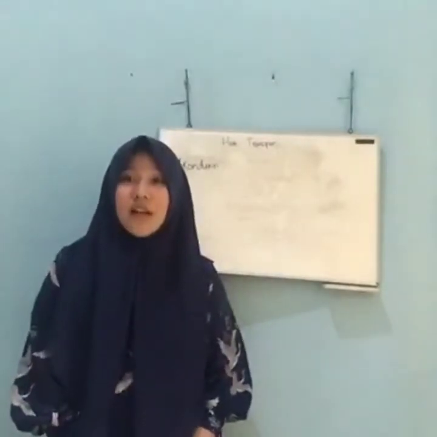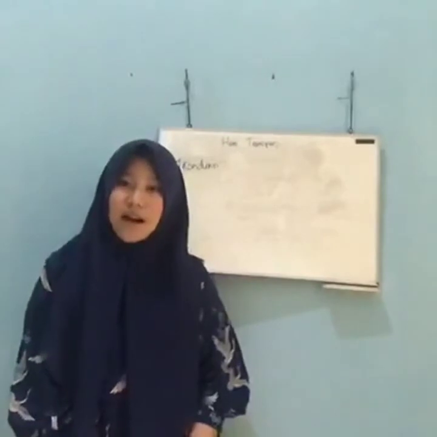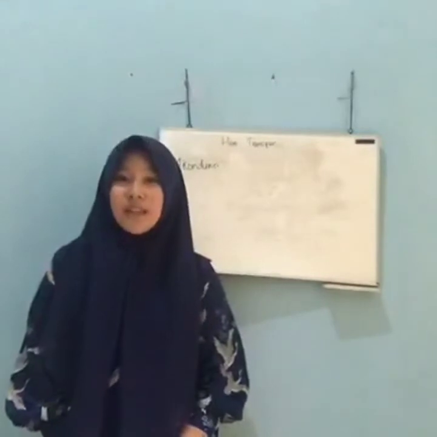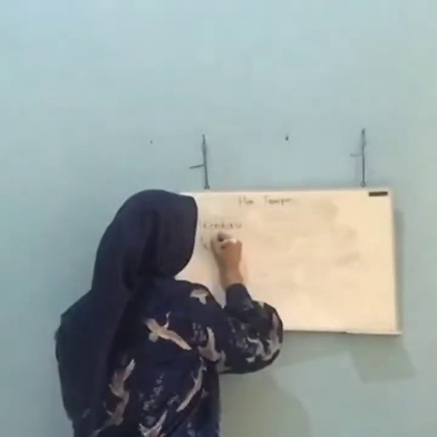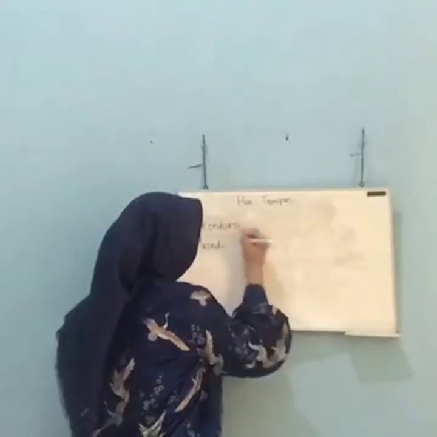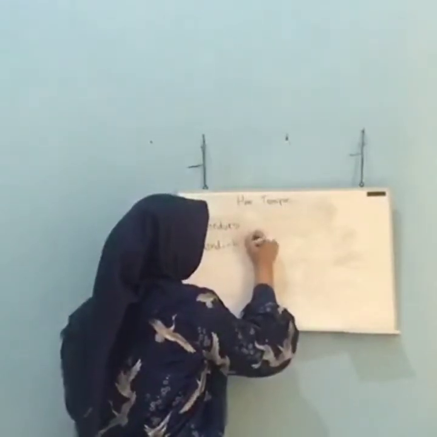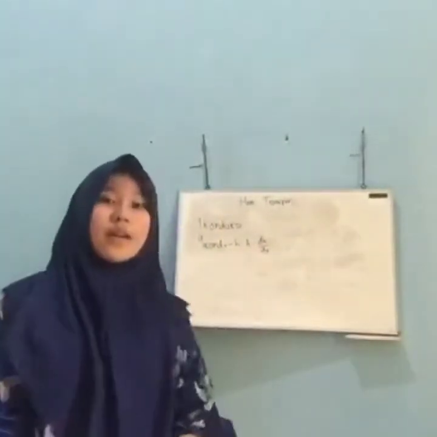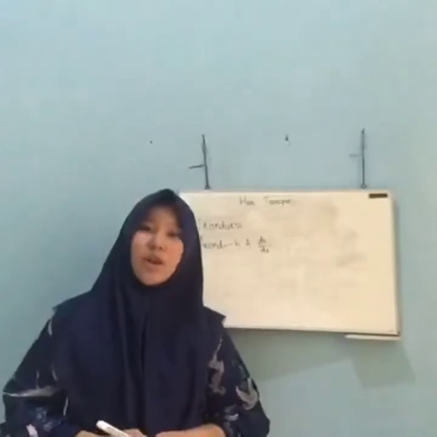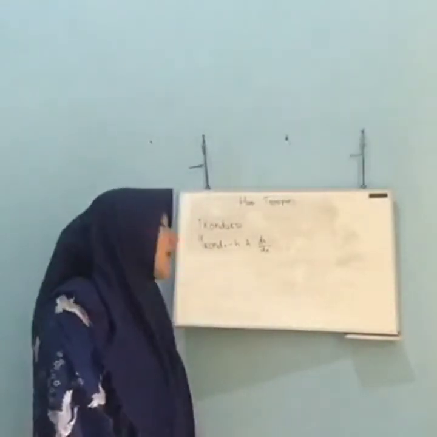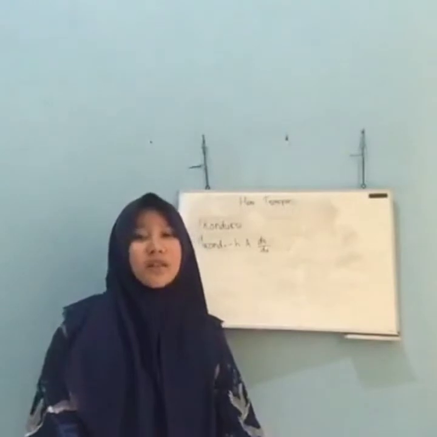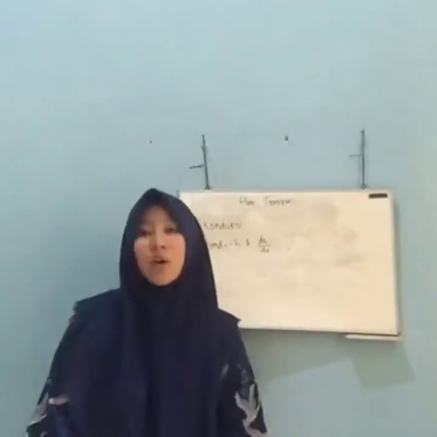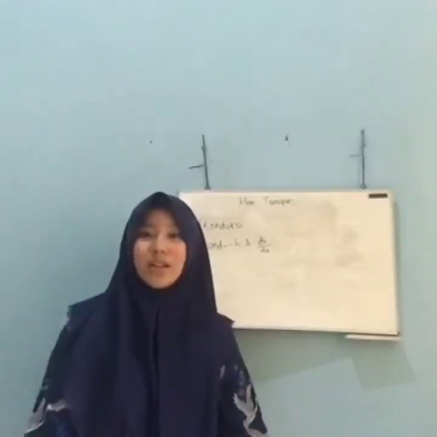The conduction rate equation is known as Fourier's law of heat conduction, whose mathematical equation is Q = -k times A times dT/dx, where Q equals conduction heat transfer rate, k equals thermal conductivity of the material, and dT/dx equals temperature gradient in the cross section.